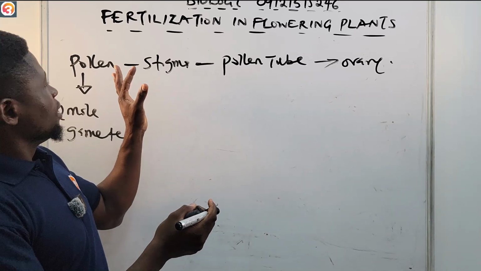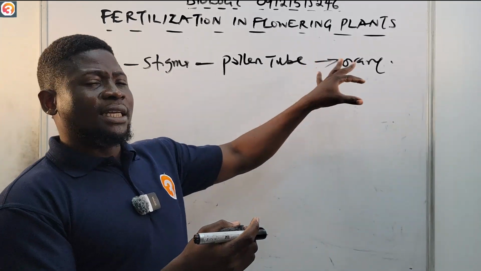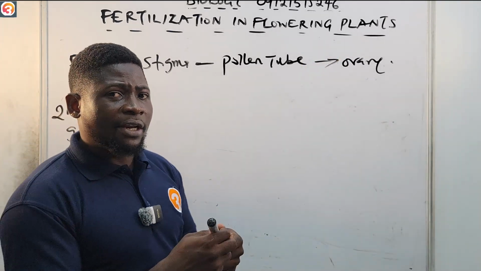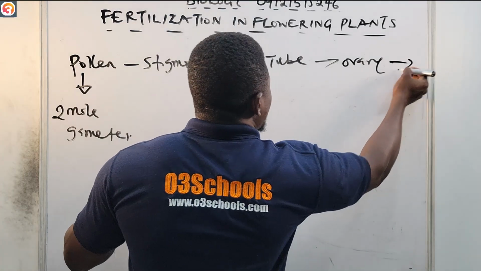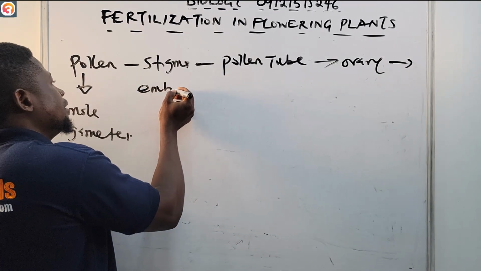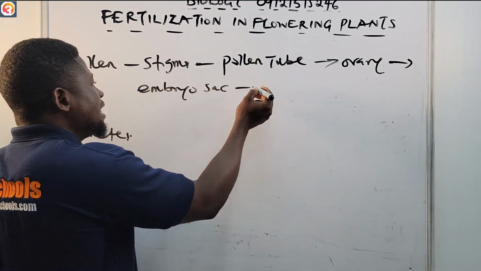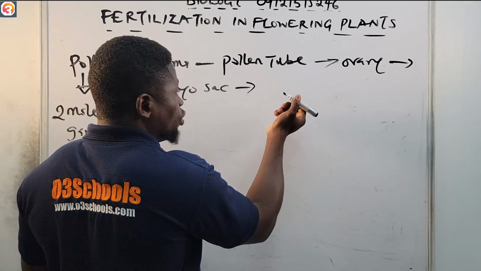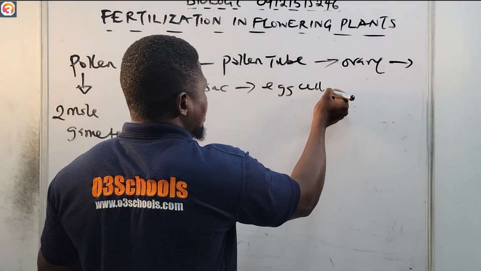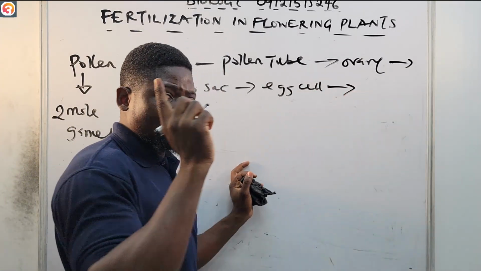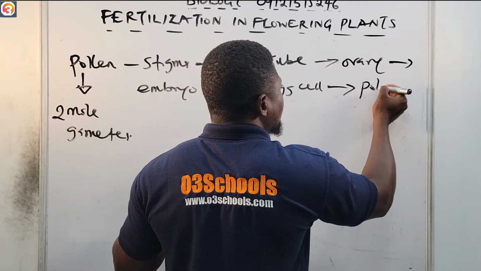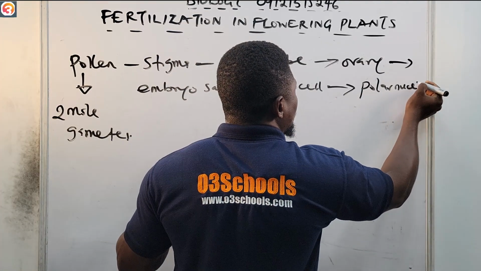So the pollen tube gets to the ovary, and in the ovary we have the embryo sac, and inside the embryo sac we have the egg cell. I also told you that we have the polar nuclei. There are 2 of them.